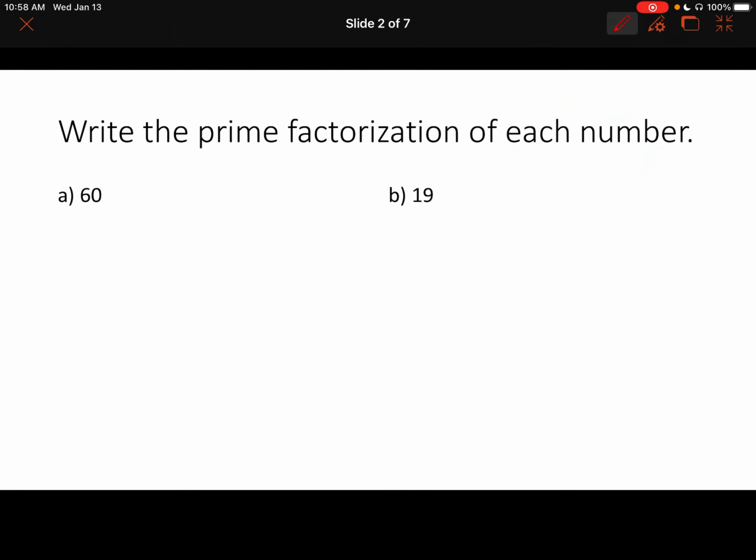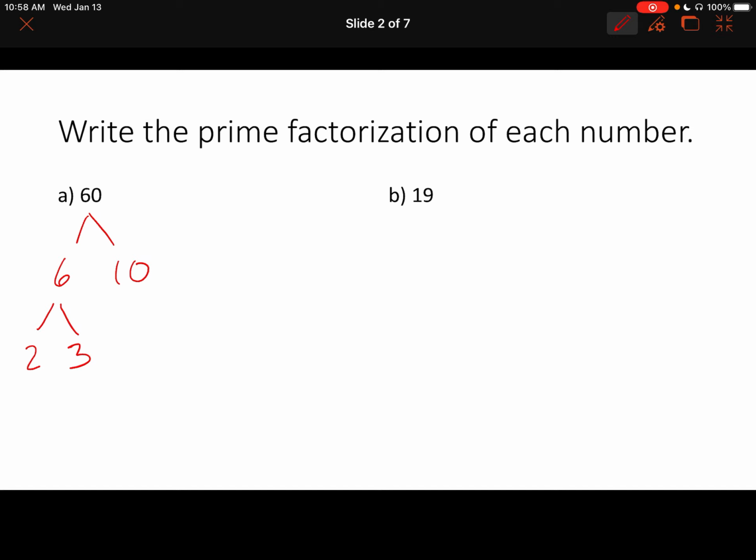Take 60. We're going to use a factor tree, and we just start factoring 60. What are two factors of 60? Well, 6 times 10, the product of 6 and 10 is 60. We're going to keep branching these out until all of our branches end with a prime number. So 6 is composite. We know that 2 times 3 gives us 6.